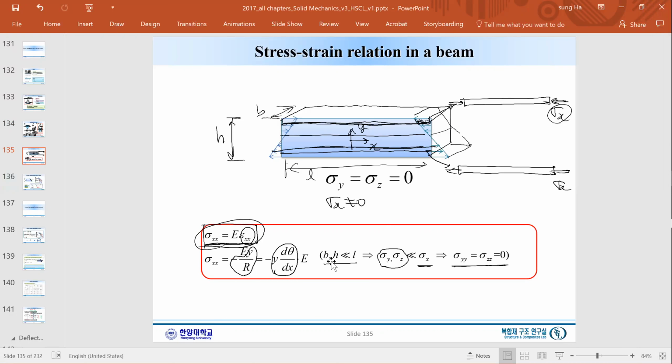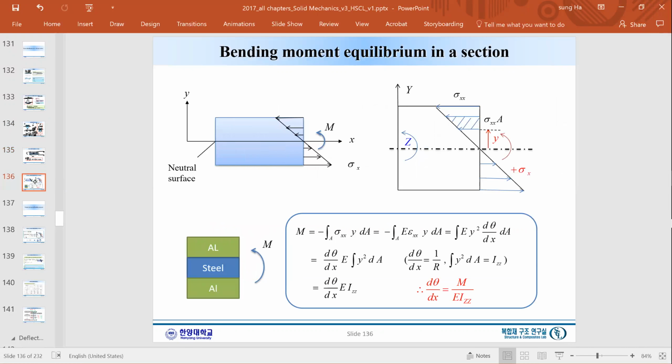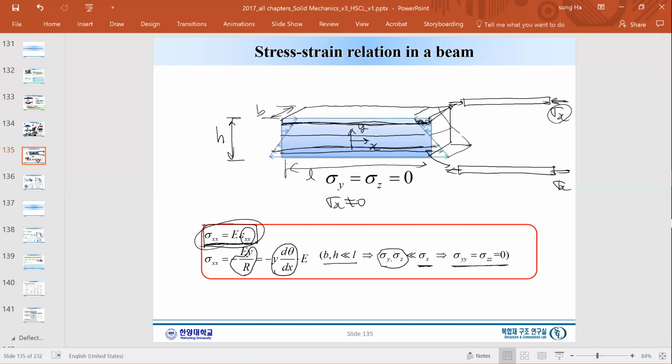That is the step after strain, and the last step is the equilibrium, moment equilibrium, of cross sections. What it means is that for these cross sections, back to here, since the strain is linear, minus y over r, and we simply multiply by the material property E, then of course the stress will also be linear.